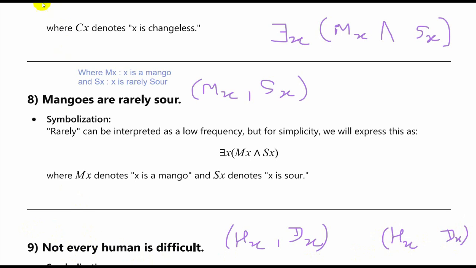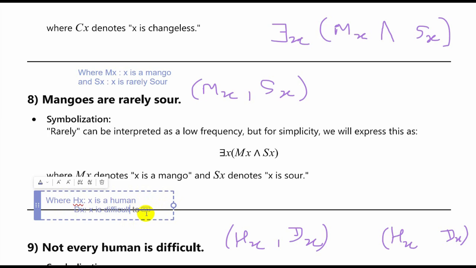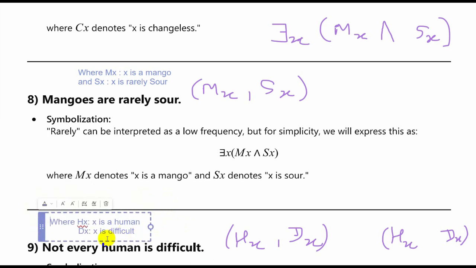So let's first type out the actual statement where HX denotes X is a human and DX denotes X is difficult. X is human, X is difficult.